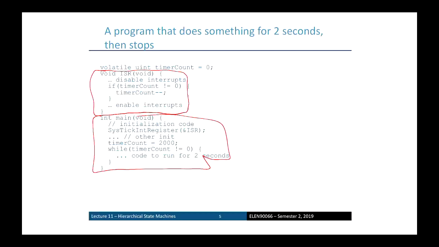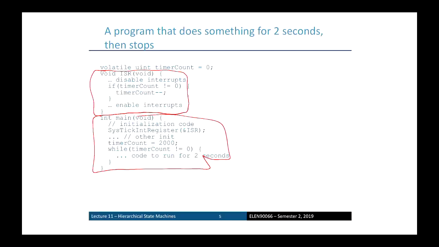Now, this code is supposed to do something for 2 seconds, but there's a timer that's giving us the timing information, right? And what it's doing is it's basically ticking every 1 millisecond. So in our little main code here, we do some stuff. We set up, for a particular architecture, the location of the interrupt service routine.